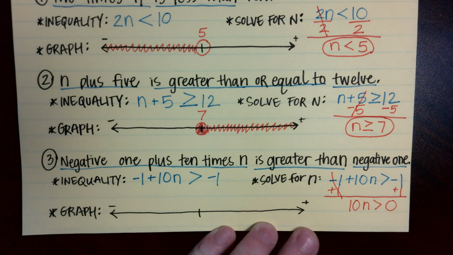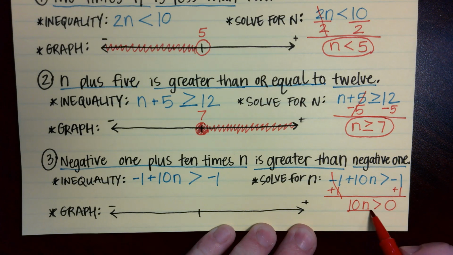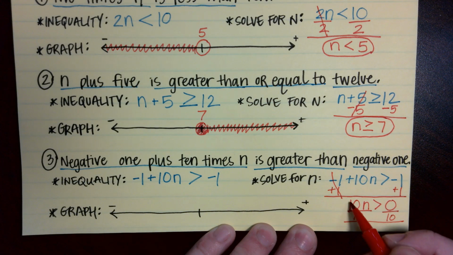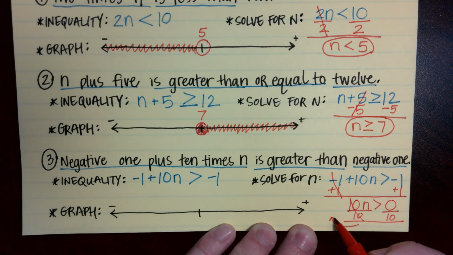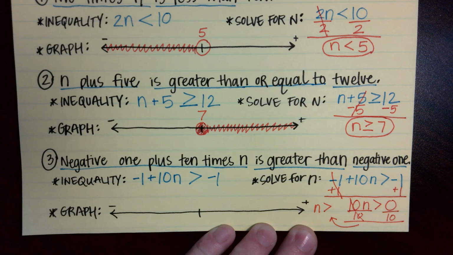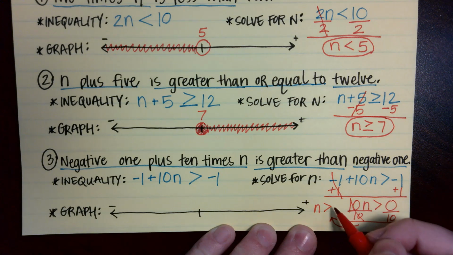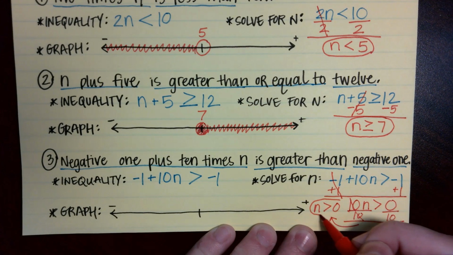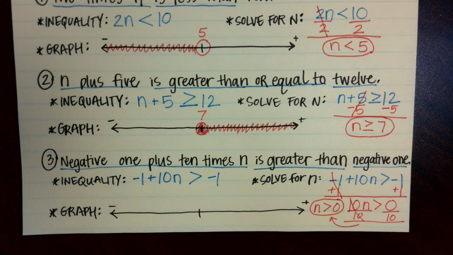Okay, what's our last step? Divide by 10. Those cancel, and I'm left with n is greater than, what is 0 divided by 10? 0, still 0. So n is greater than 0.